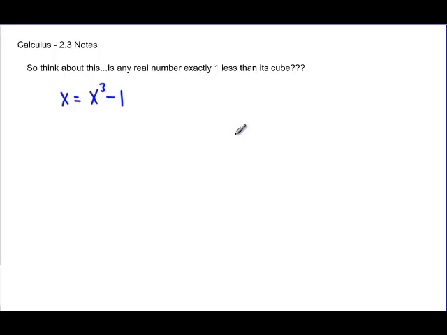Okay, so think about what we're graphing here. We're graphing the cubing function. So let us move x over so we can have 0.